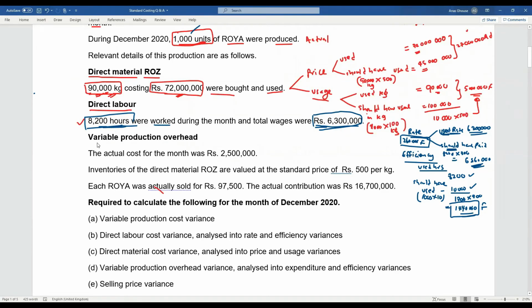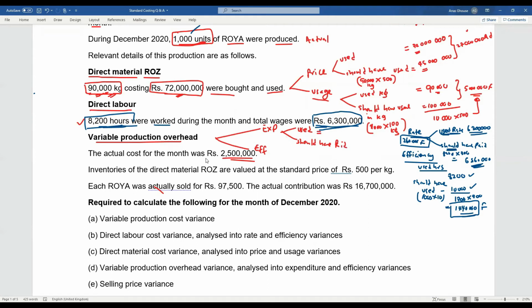Now let's move on to the variable production overhead. The actual cost for the month was 2,500,000. Variable production overhead also consists of two types of variances: expenditure variance and efficiency variance. On the expenditure variance, we compare how much was paid and how much we should have paid.